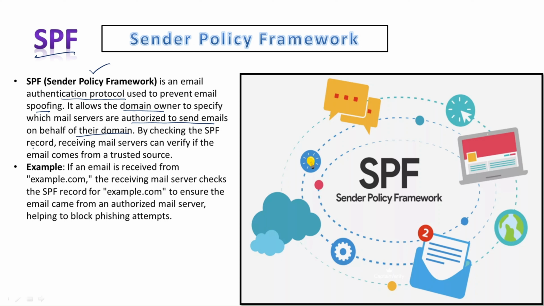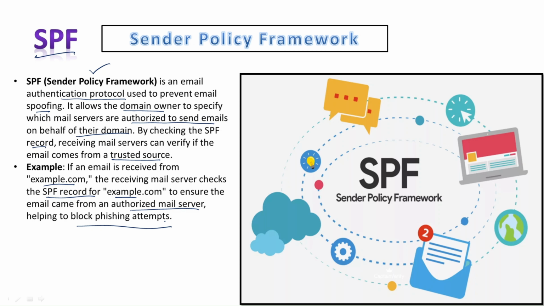By checking the SPF record, receiving mail servers can verify if the emails come from a trusted source. Example, if an email is received from example.com, the receiving mail server checks the SPF record for example.com to ensure the email came from an authorized mail server, helping to block phishing attempts.